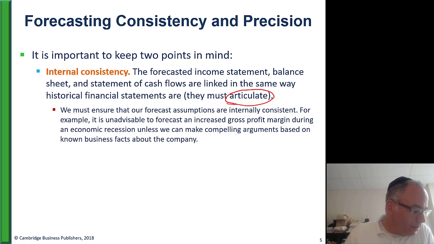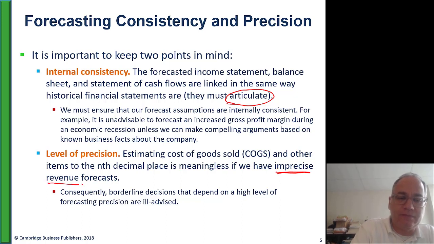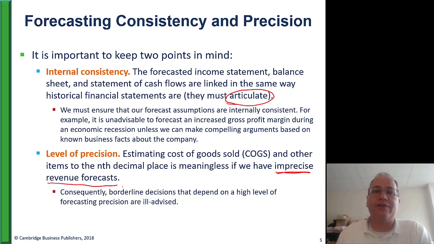But, and this is what really drives students crazy, especially accounting students, everything relies on revenue, but a lot of other numbers are quite arbitrary. So getting everything to balance and be perfect is just not going to work with forecasts.